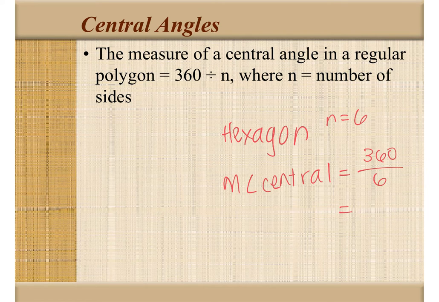So the measure of each of the central angles is 60 degrees. Now, the cool part is that because these are regular polygons, all the angles and all the sides are the same. Every single side and every single angle is going to look exactly the same for the entire figure, but it's because they're regular polygons.